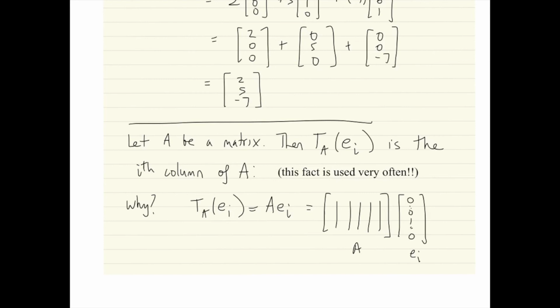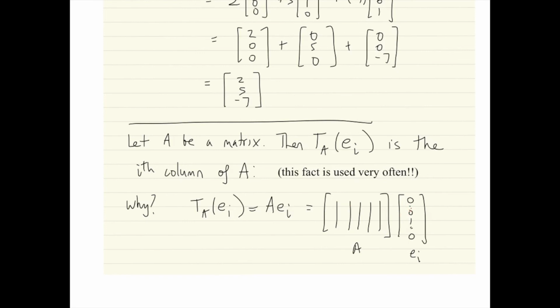And why is that? Well, think about what the matrix multiplication A times Ei does. You take the rows of A and multiply with the columns of, in this case, Ei, where there's only one column. The entry here will be multiplied by 0, so it's ignored. This entry here will be multiplied by that 0 and will be ignored.